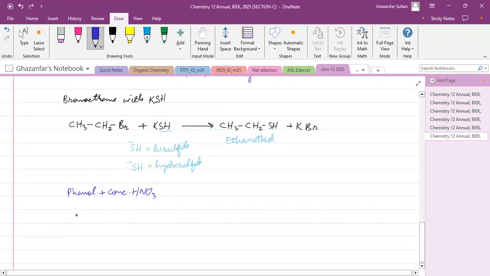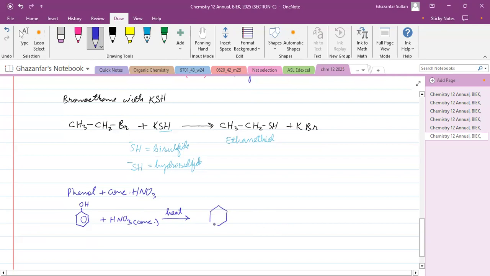So what happens when phenol is treated with concentrated nitric acid? And better to write heat over there. So as a result, trinitrophenol is produced.